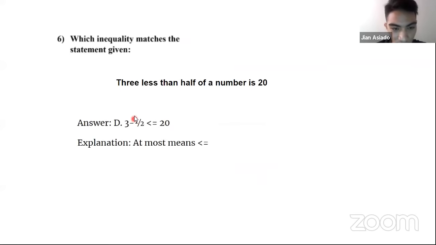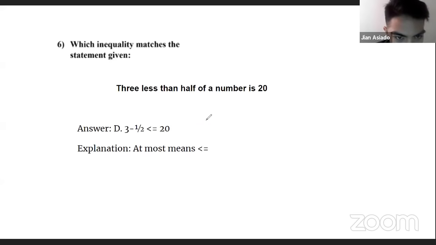Okay, no? So this one, may correction din pala dito, no? So the right answer dito is, so meron ka 1/2 of a number. So may x ka, and then minus 3.